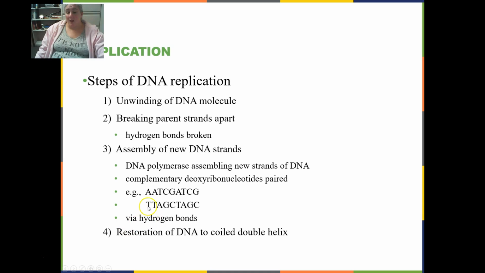Then we bind these together, make hydrogen bonds, and DNA ligase comes in and seals everything together on the backbone, and you end up having a complement strand here, daughter strand to the parent strand, and that is termed semi-conservative replication.